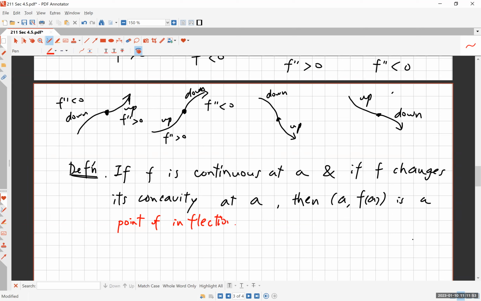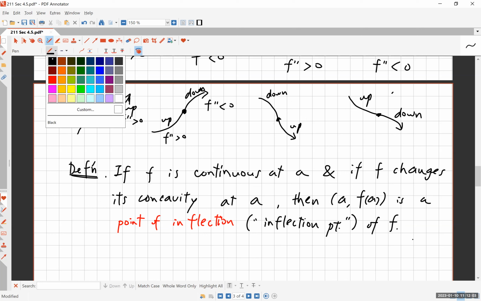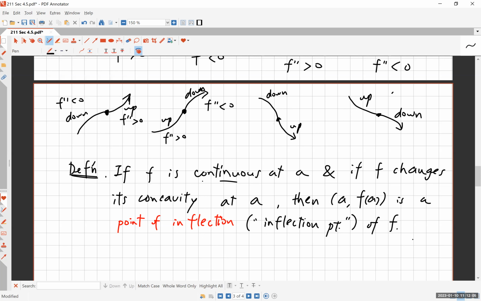Some books will call this an inflection point. Same thing, of course, of f.